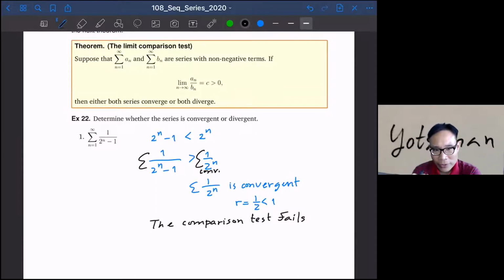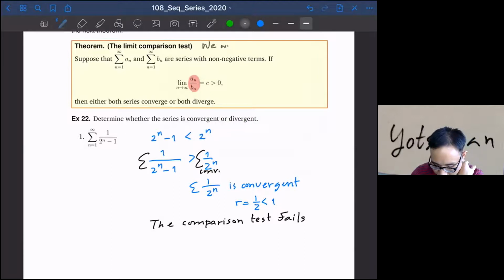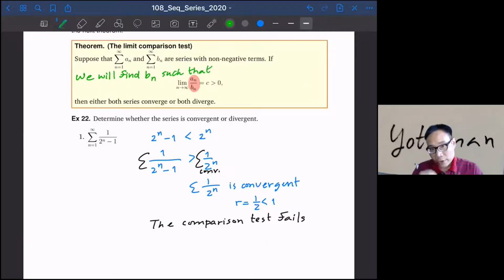If you are able to compute the limit as n goes to infinity of an over bn, we will find Bn such that we are able to compute this limit, and this limit turns out to be positive.